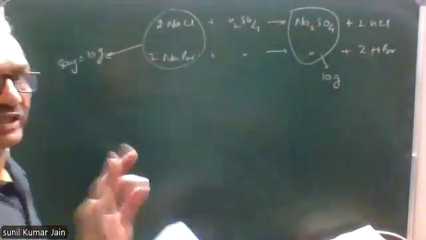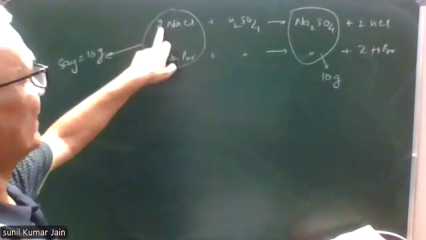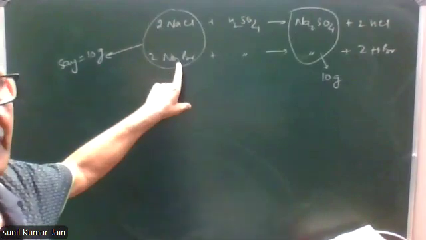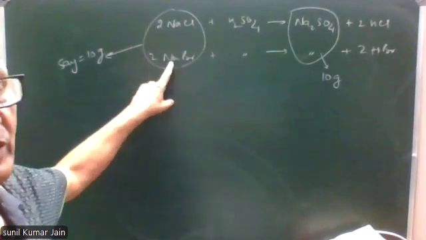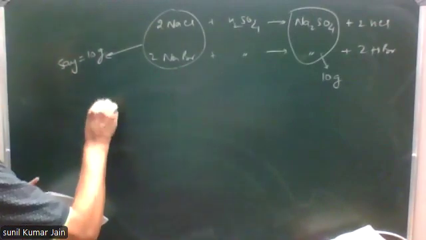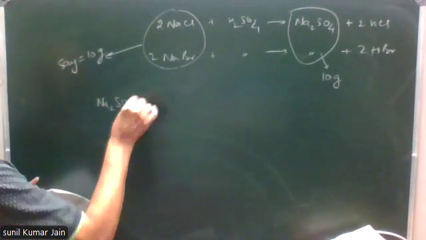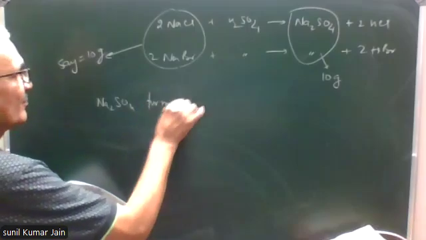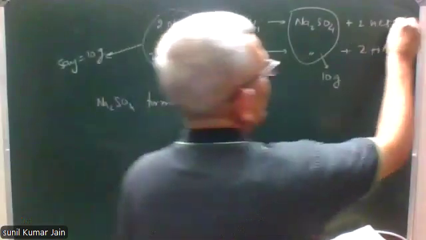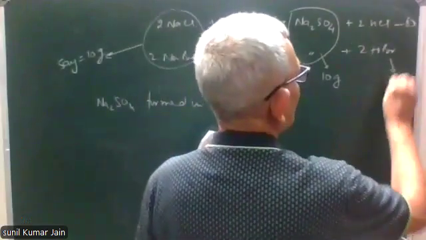Now, molecular weights are given: 58.5, according to the equation into 2. This will be 103, and according to the equation, this will be into 2. Now, Na2SO4 formed in reaction 1. Let us say this is reaction 1, this is reaction 2.